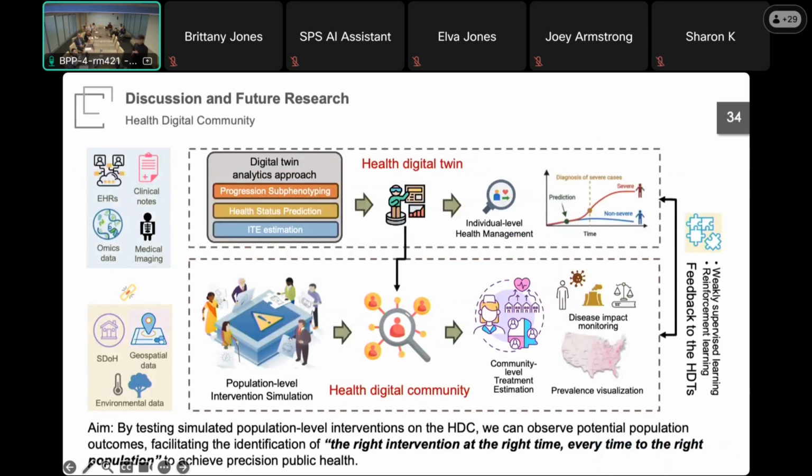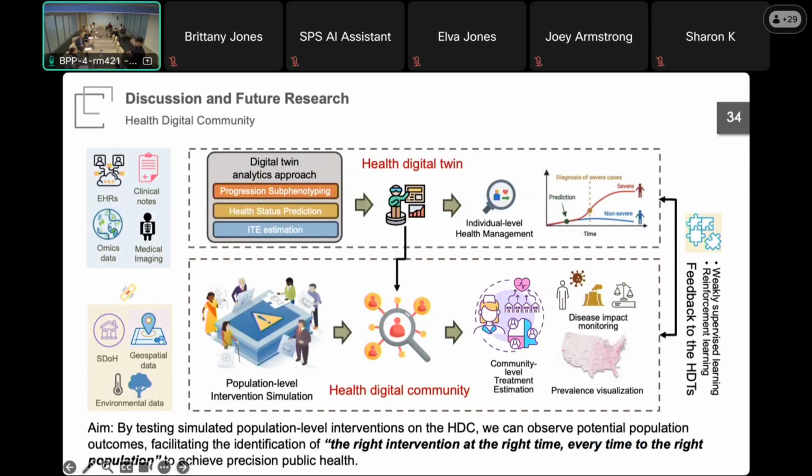And the final one would be my long-term target. Based on the success of health digital twin, we can expand the health digital twin to a concept called health digital community.